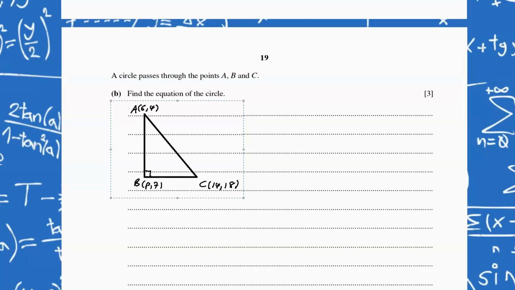They say that a circle passes through these 3 points. Might not be the best diagram, but let's just say it's a proper circle.